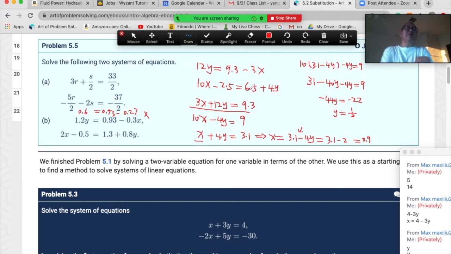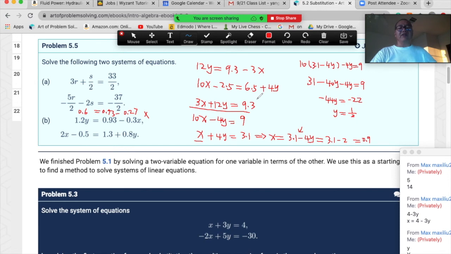Then 1.3 times 5, that's 6.5. Then plus 5 times 0.8, that's 4y. Yes, that's right. Then both sides plus 3x, 3x plus 12y equals 9.3. So then this second one, that's 10x minus 4y equals 9.